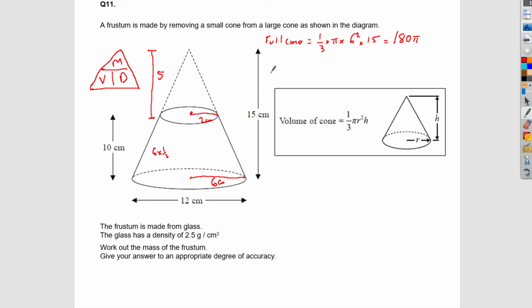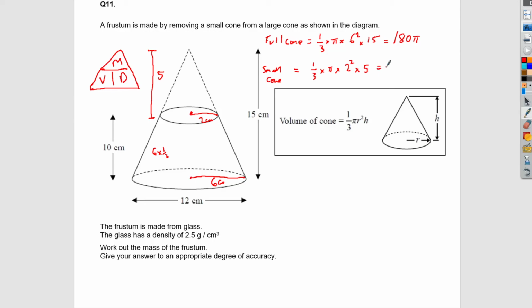So now we've got the small cone. If we do that, we'll get 1/3 times pi times the radius, which is now 2, so that's 2 squared, and the perpendicular height is 5, the small cone.